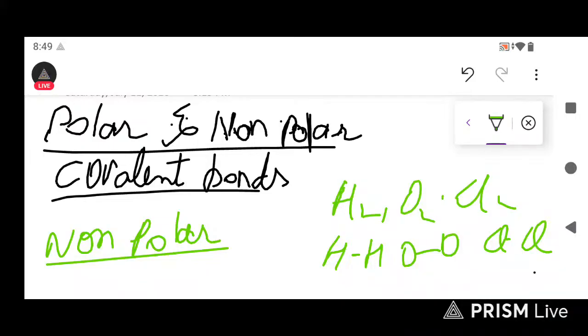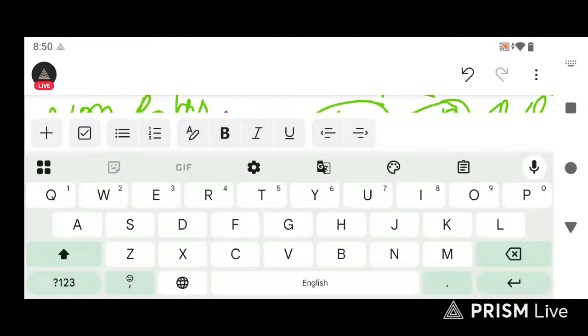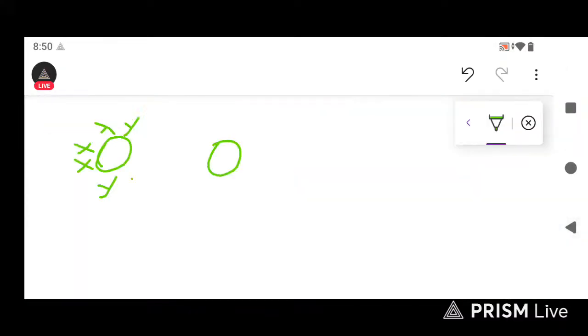This describes how the shared electron pair lies in the middle of both atoms, because they have the same forces of attraction, so they attract the shared pair of electrons equally.